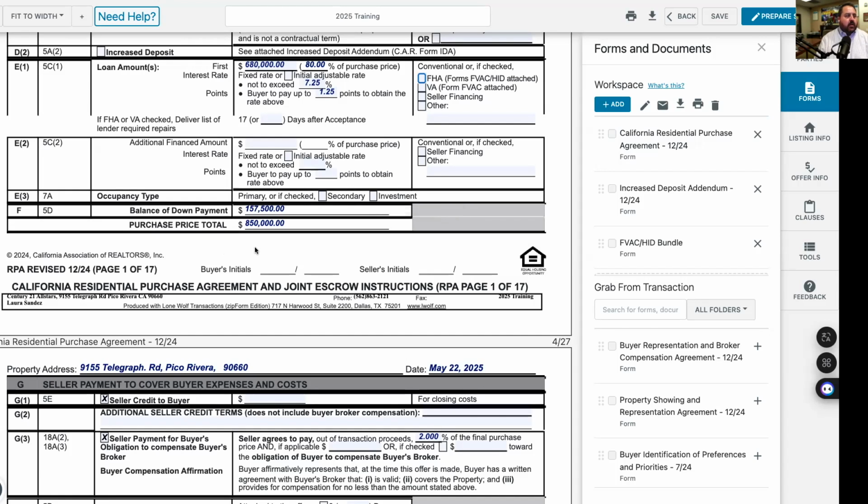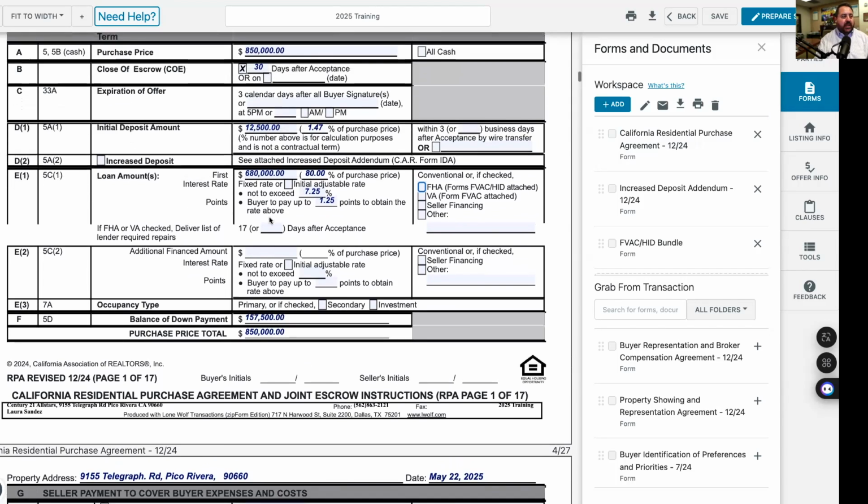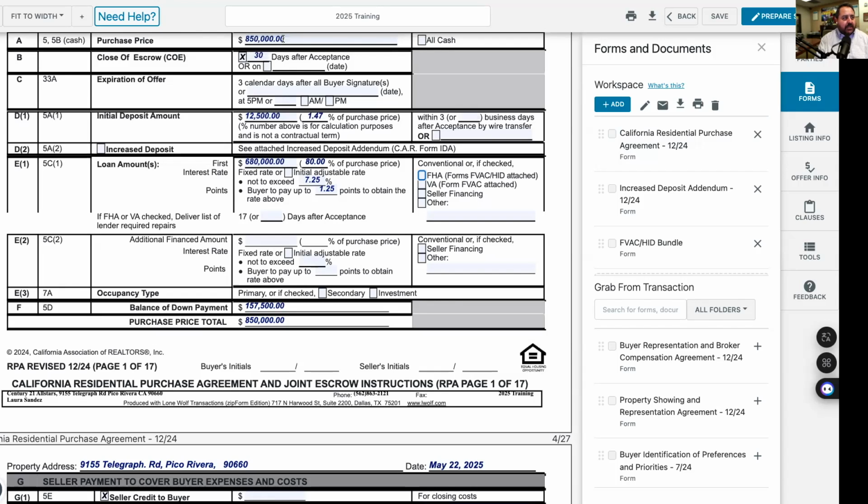Okay. All right. So now this balance of down payment, this is the difference between your purchase price, your deposit, and your loan amount. This is what's left over. So if you take this plus this, that should be 20% of the purchase price, which is your 20% down payment.